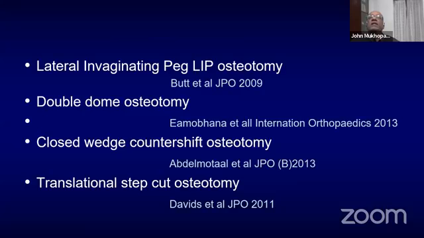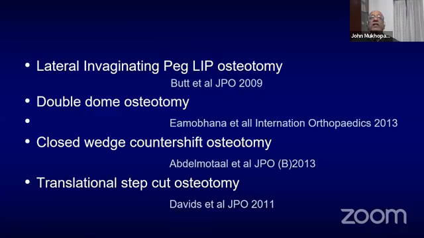Okay, so as I mentioned, there are a lot of various osteotomies with slight variations, with some advantages and disadvantages. You can have the lateral invaginating peg, known as the LIP osteotomy, reported by Butt et al. in JPO, that was from India. The double dome osteotomy, this is from Saudi.